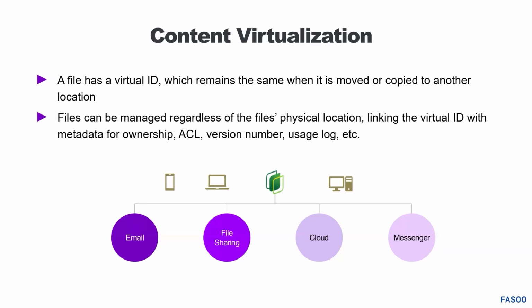So part of that process is there is an access control list that's associated with those particular documents. And this way I can control who accesses that information. I have version numbers, so I know what is the current version. And then I will have usage logs, which will give me some indication of data lineage.